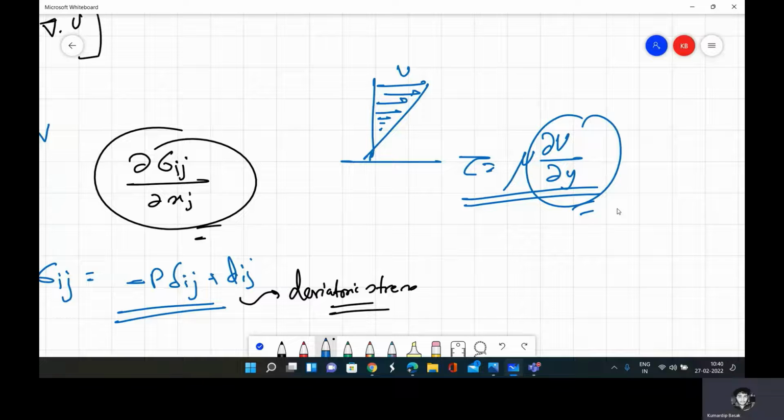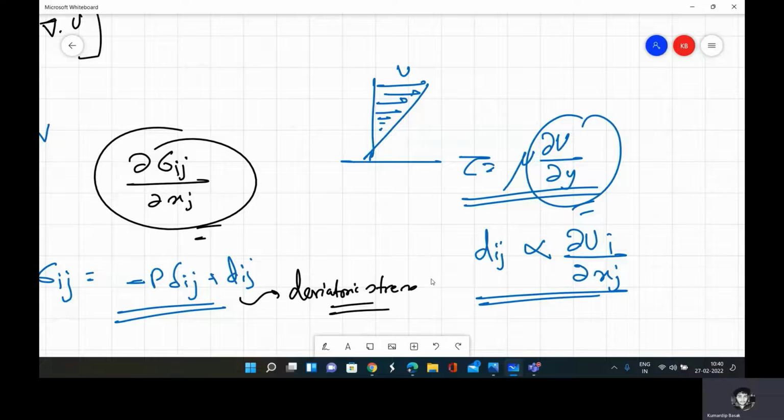Similarly, from the same physical analogy, what we can tell is that this deviatoric stress is also related to the local velocity gradient. That is, D_ij is related to my local velocity gradient, let's say consider dou u_k by dou x_l.